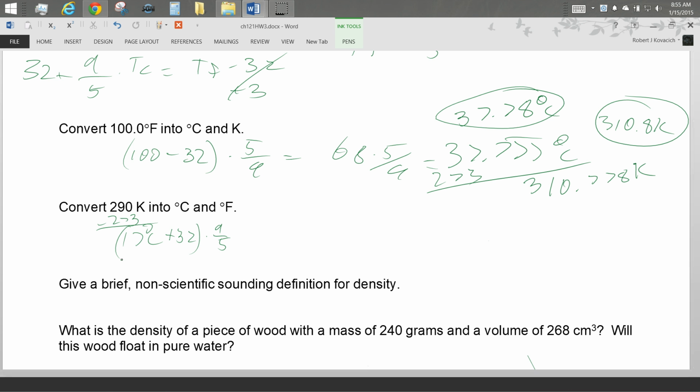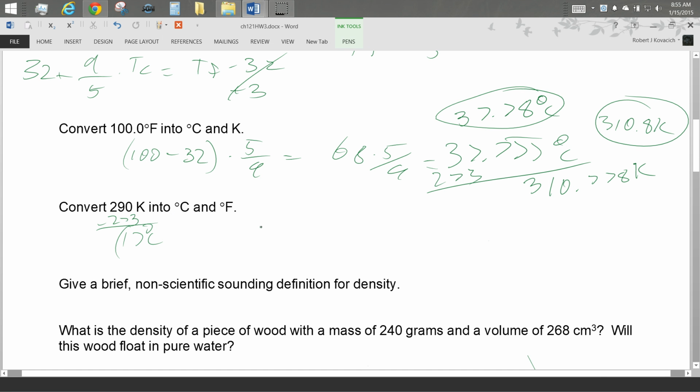17 plus 32 times 9. No, wait, don't do that. Times 9. Yeah, so I know I made a mistake because my calculator just spit out 88.2, so that's way too high. So I'm going to have to redo this.